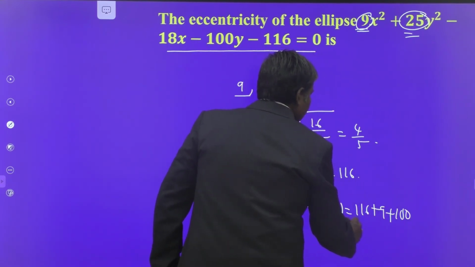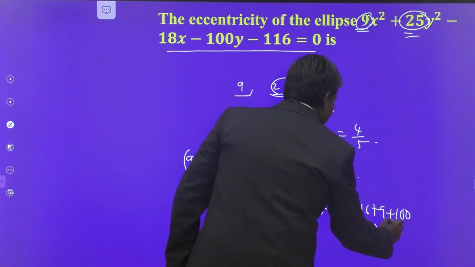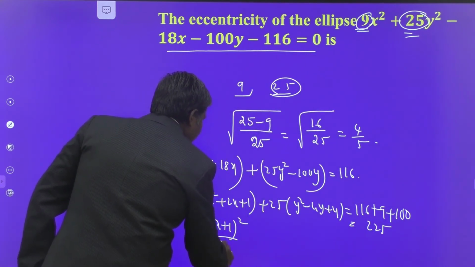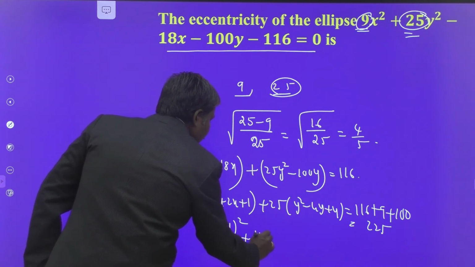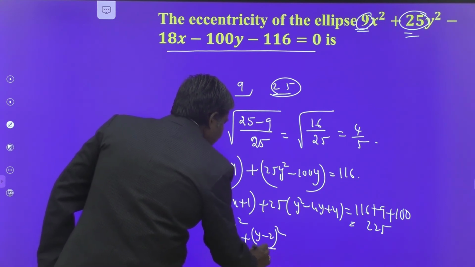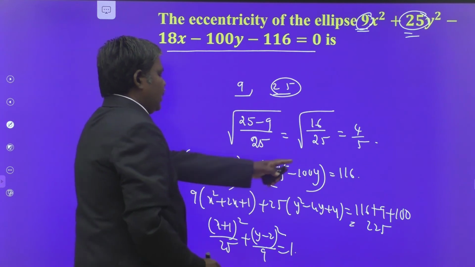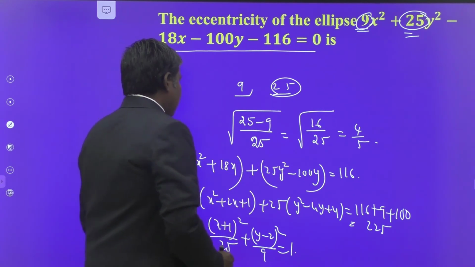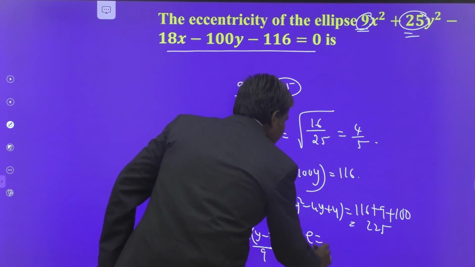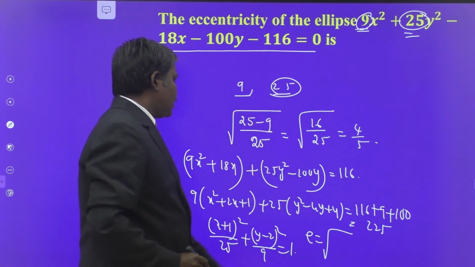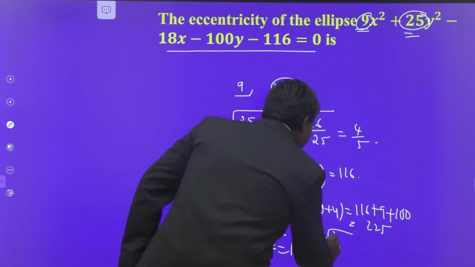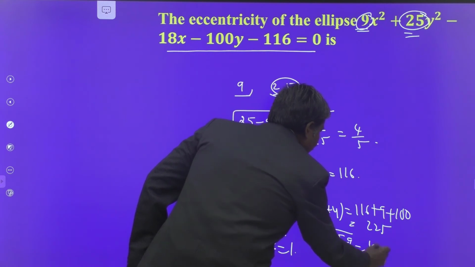This is 125 plus 100, that is 225. So we have (x plus 1) whole square by 25 plus (y minus 2) whole square by 9 is equal to 1, by dividing by 225. By the equation itself, eccentricity is equal to the square root of (a square minus b square) by a square, since a is greater than b. (25 minus 9) by 25 gives 4 by 5.